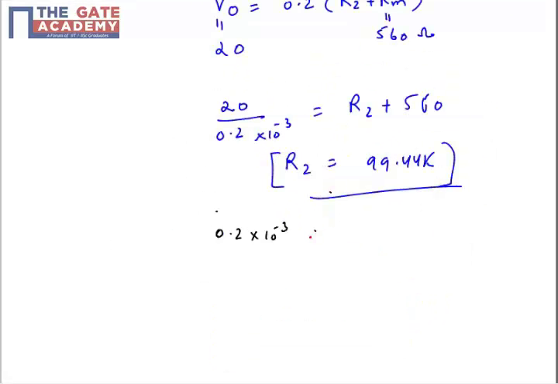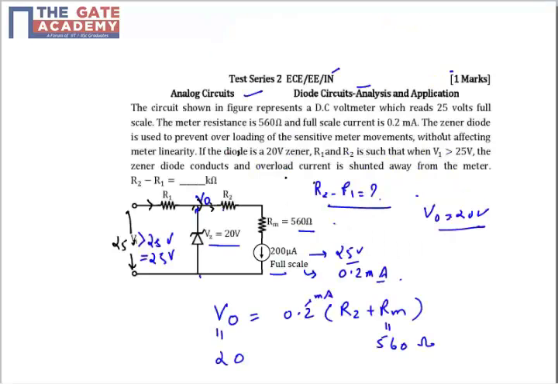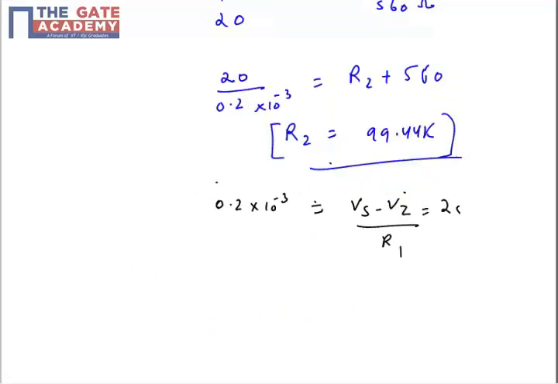So 0.2 times 10 raised to minus 3 equals Vs minus Vz upon R1, where supply voltage Vs is 25 and Vz is 20 volt. So R1 equals 5 upon 0.2 times 10 raised to power minus 3, which is 25 kilo ohm.